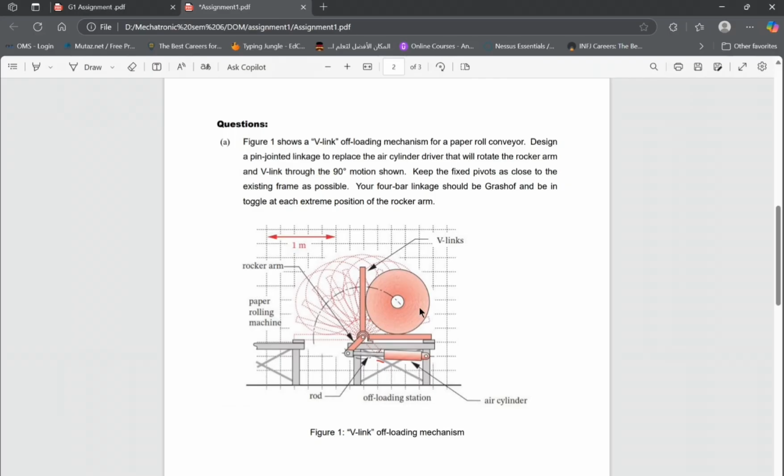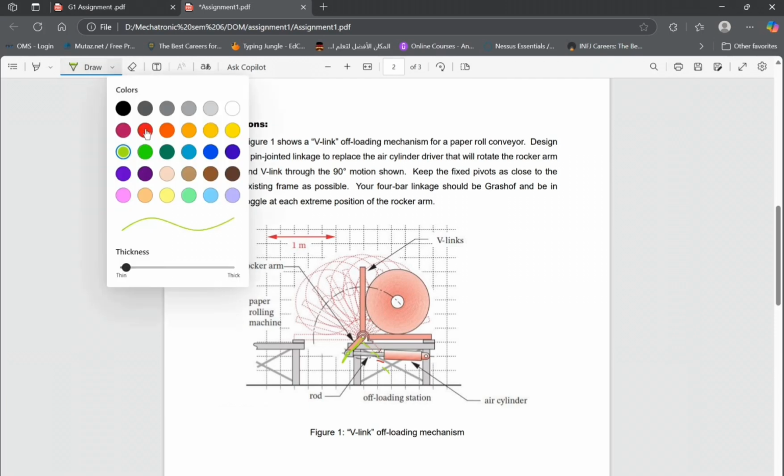Here, if I open the question to understand it, this question wants us to replace this air cylinder with a suitable mechanism that will rotate this rocker through 90 degrees from the first position to the second position.